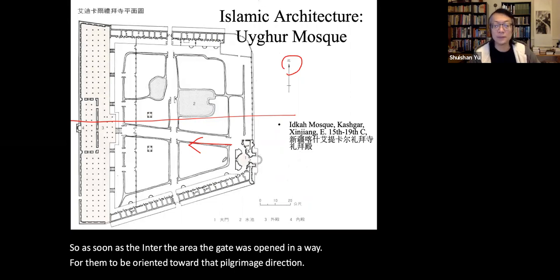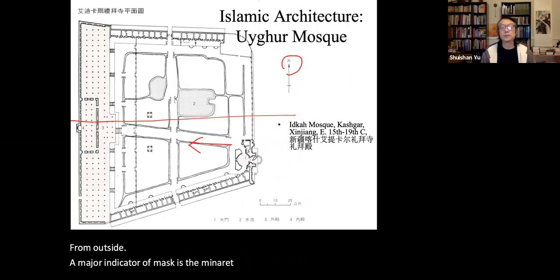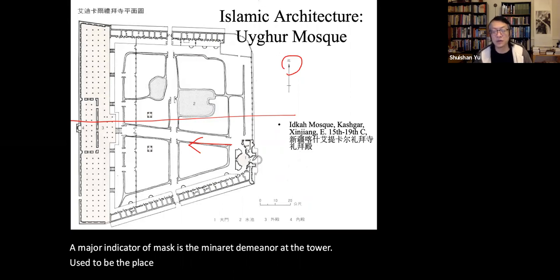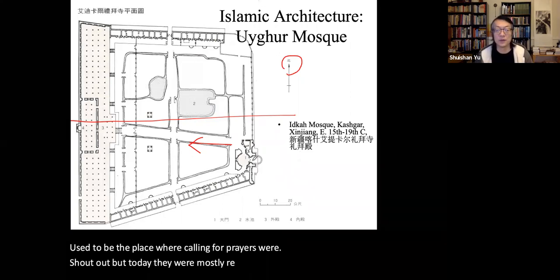From outside, a major indicator of a mosque is the minaret, right? The minaret, the tower, used to be the place where the call for prayers was shouted out, but today they were mostly replaced by loudspeakers.